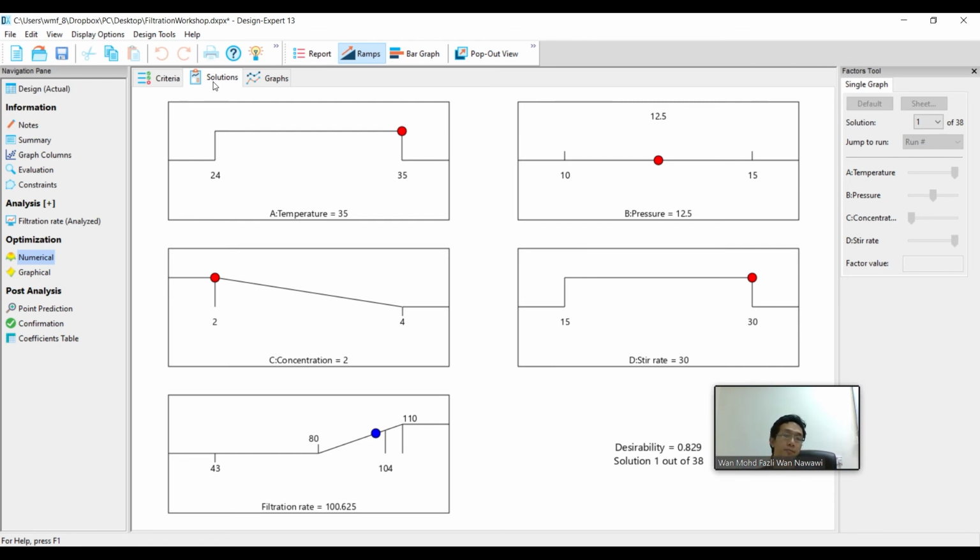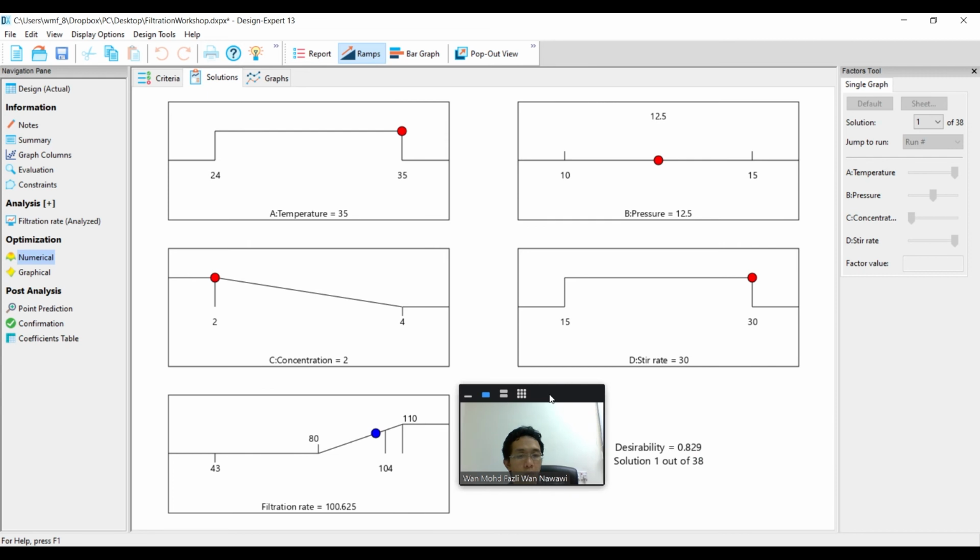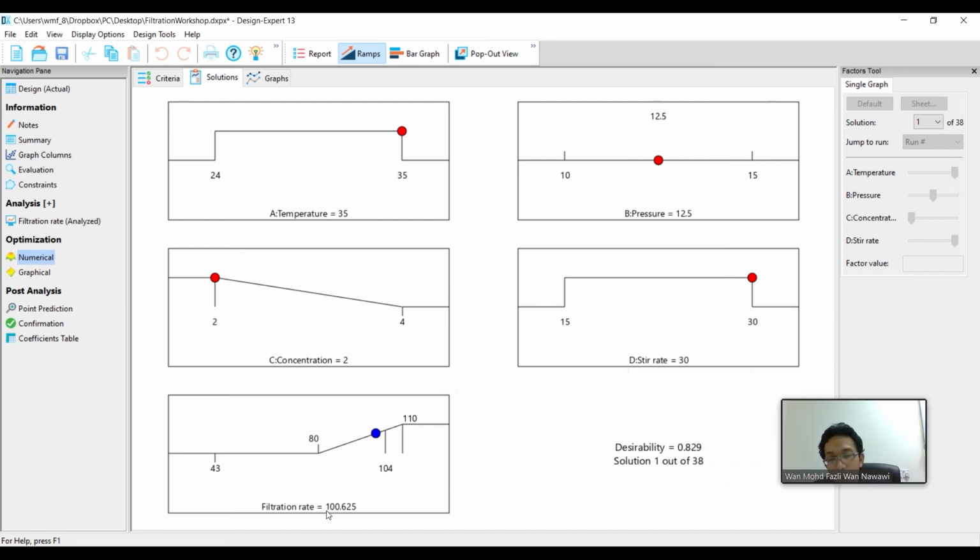This is one of the solutions that the software gives you. The software says that if you want to get the filtration rate of 100, you need to put the temperature at high level, concentration at low level, pressure at middle, and stir rate at high level. So that's what it means.